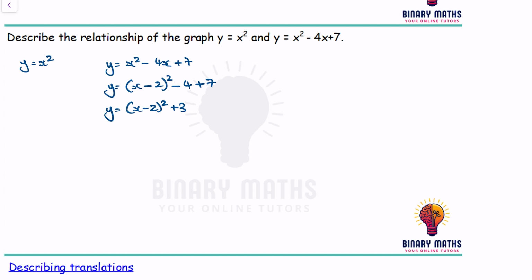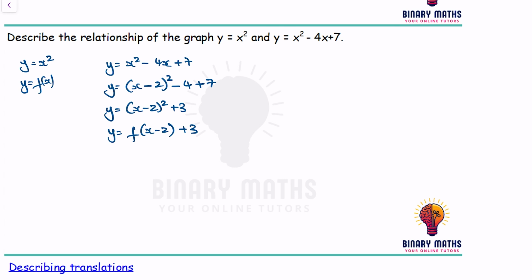If I call this y = f(x), then this is the same thing as y = f(x - 2) + 3. Because if the original function is x squared, all I've done is replace x with x minus 2, and then added a 3.